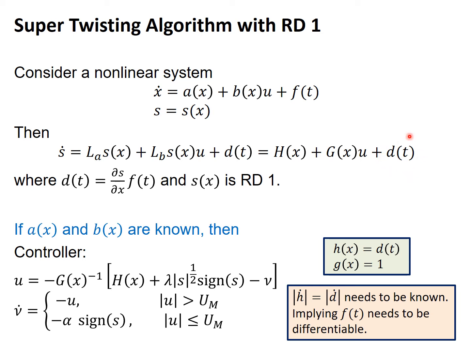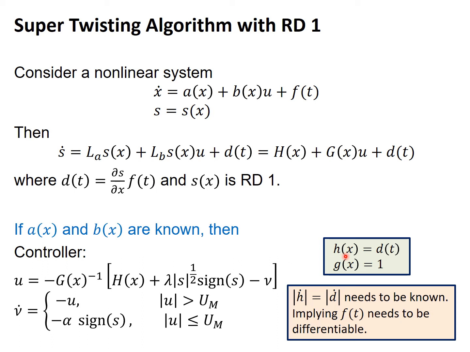So only one uncertainty is there, which is dt. So whatever assumptions we have set for small hx would be applicable for dt, and gx here would be 1.